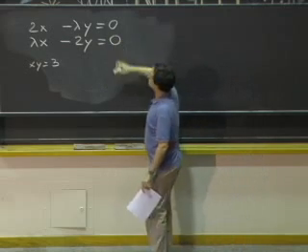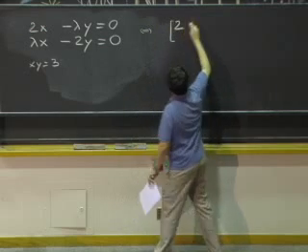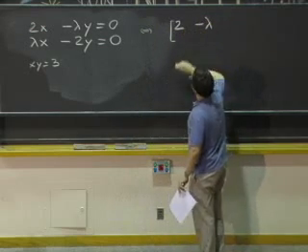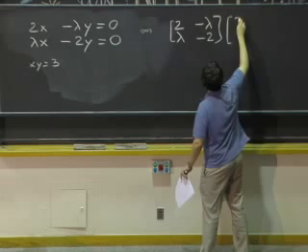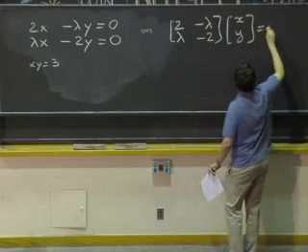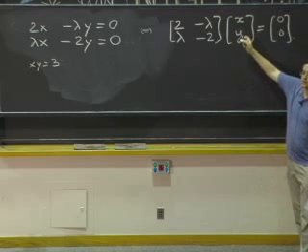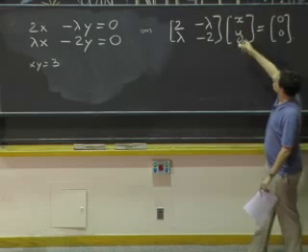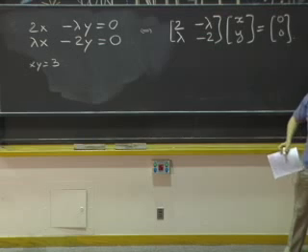Well, I can put this into matrix form: the matrix with rows (2, minus lambda) and (lambda, minus 2), times (x, y), equals 0. Now, how do I solve a linear system, matrix times (x, y) equals 0? Well, I always have an obvious solution: x and y both equal to 0.